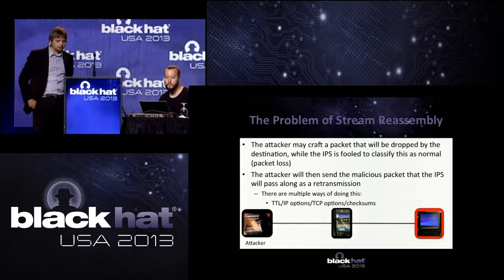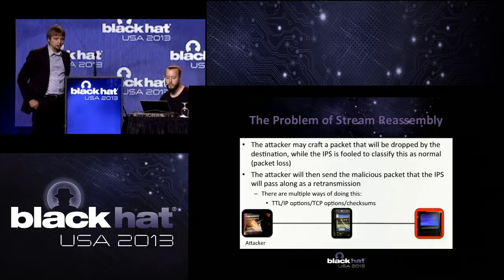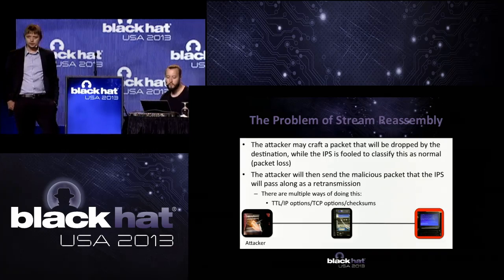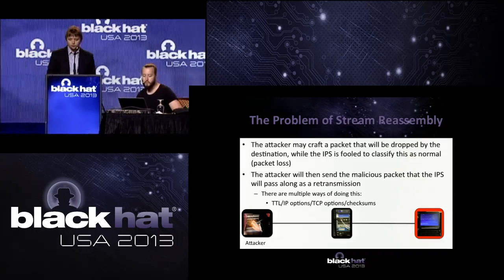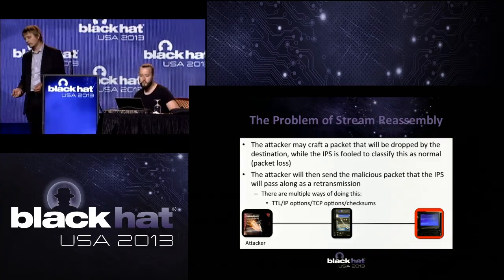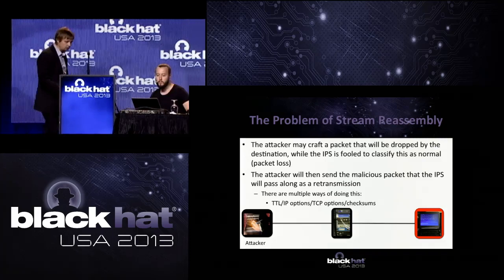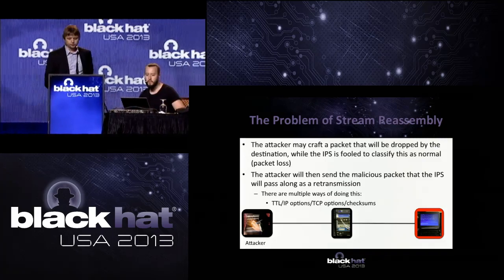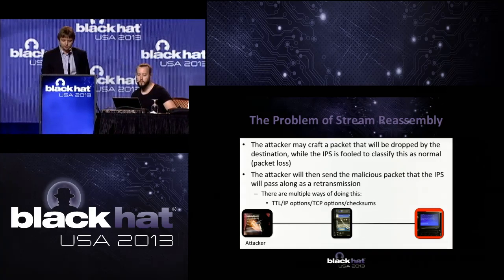The other packet contains malicious data that will compromise the host. So the IPS thinks that this is a resend and allows the packet to go through, and then the host is compromised. There are multiple ways we can make the remote host drop a packet so that the IPS doesn't know: the TTL, IP options, TCP options, or TCP checksums, or whatever checksums.